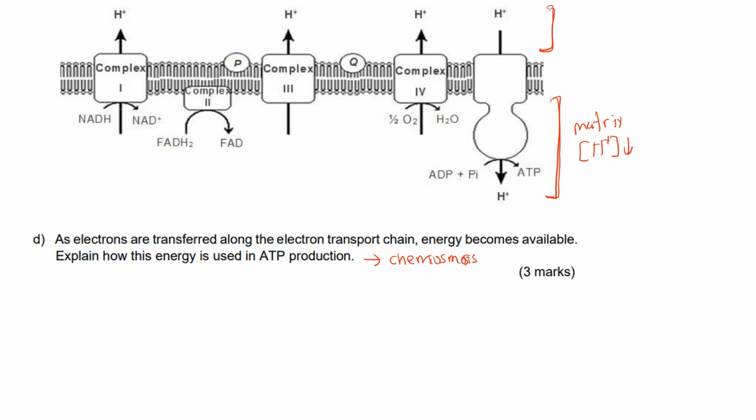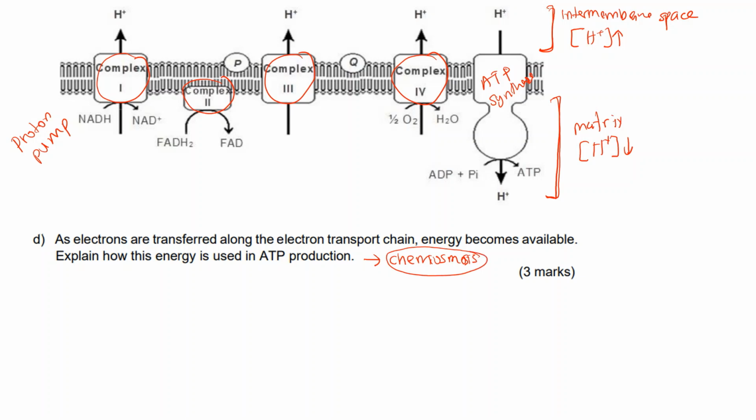This side here is the intermembrane space, which has a high concentration of hydrogen ion. Complex 1, complex 2, complex 3, and 4 are electron carriers, and they will also function as proton pumps. This one here you see is ATP synthase. So these are the components of the electron transport chain that you have to know in order to help you explain chemiosmosis.